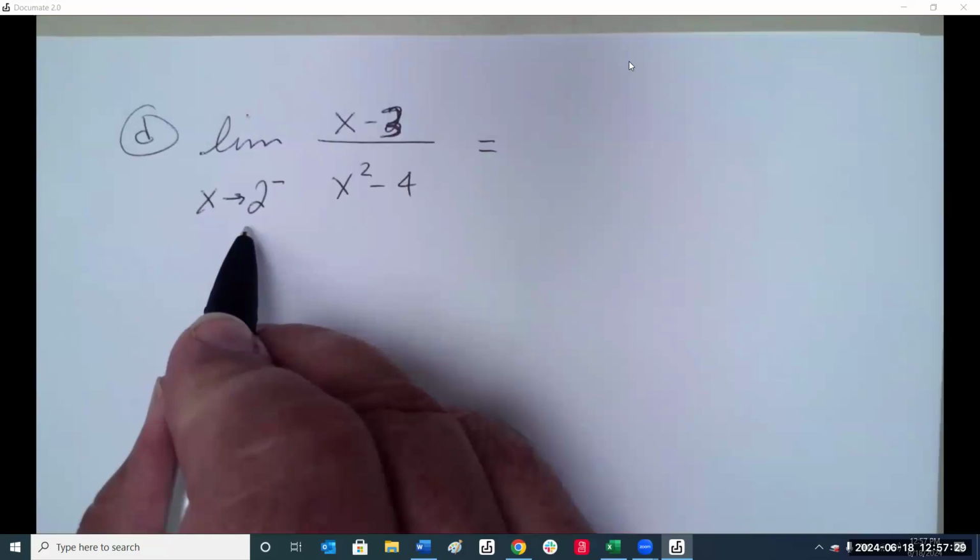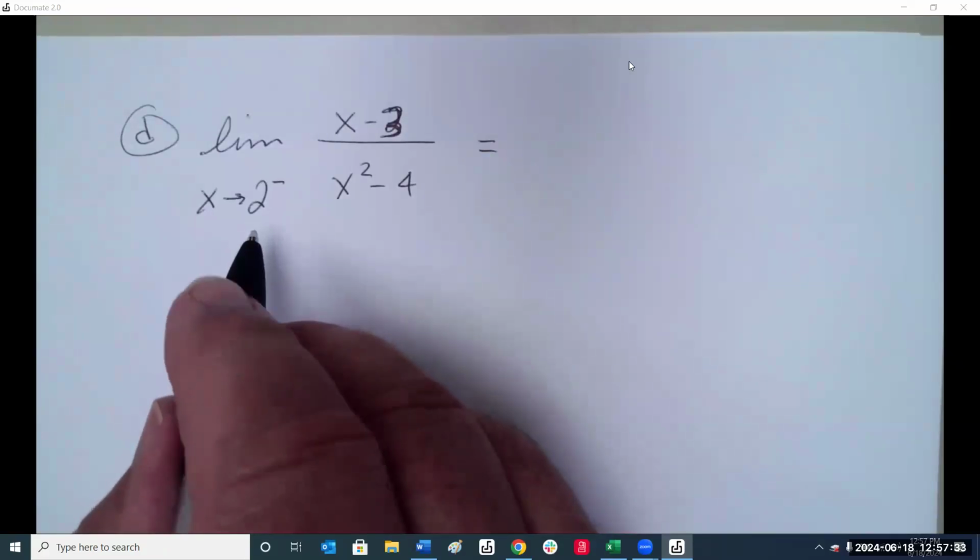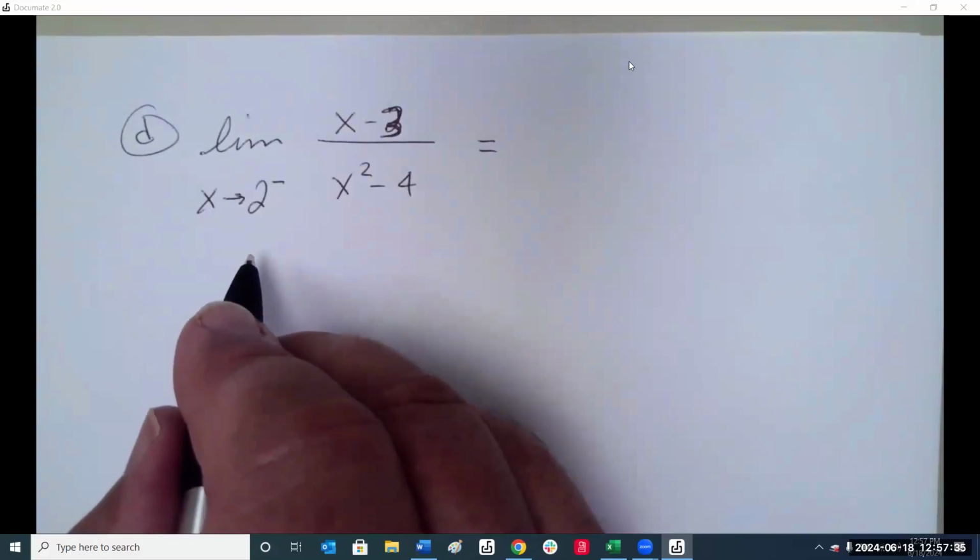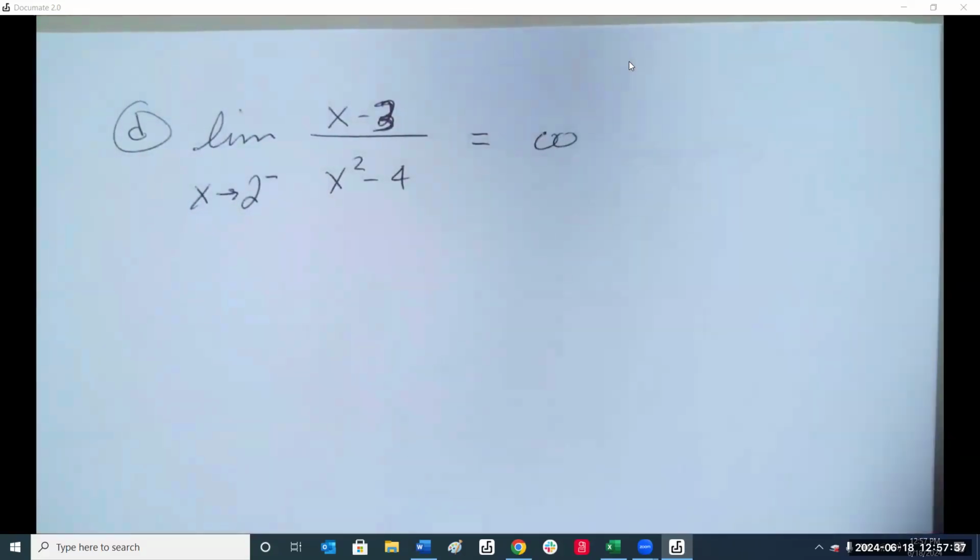We're approaching 2 from the left. Because we're approaching it from 2 different directions, and it has 2 different directions.